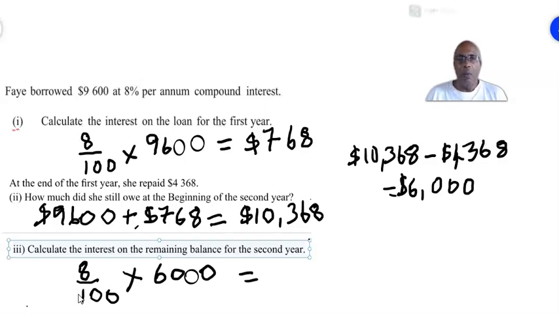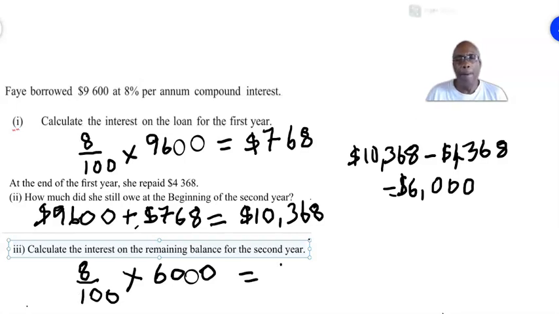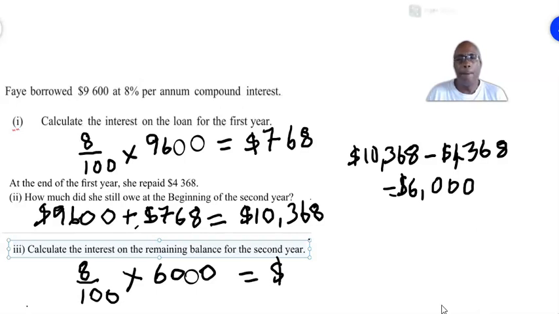And, well, you don't have to use a calculator because 6,000 over 100 is 60, and 60 times 8 is $480. And that is it.